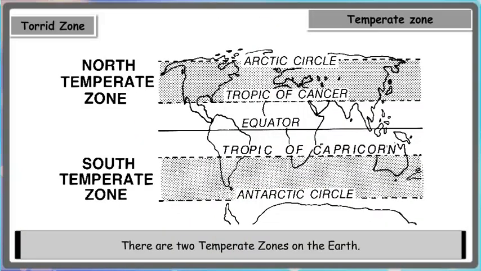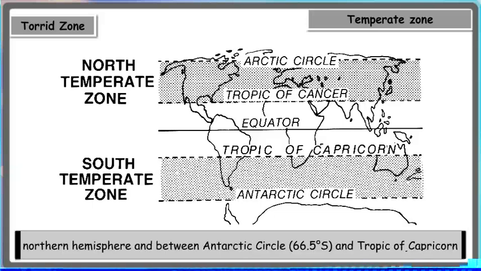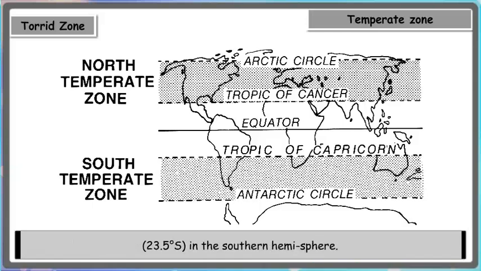Temperate zone. There are 2 temperate zones on the earth. These lie between Arctic Circle, that is 66.5 degree north, and Tropic of Cancer, that is 23.5 degree north in the northern hemisphere, and between Antarctic Circle, that is 66.5 degrees south, and Tropic of Capricorn, that is 23.5 degrees south in the southern hemisphere.